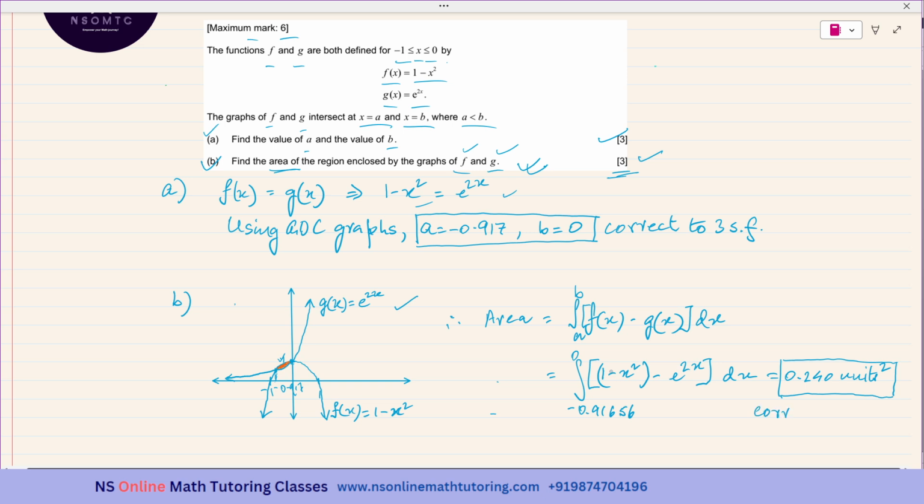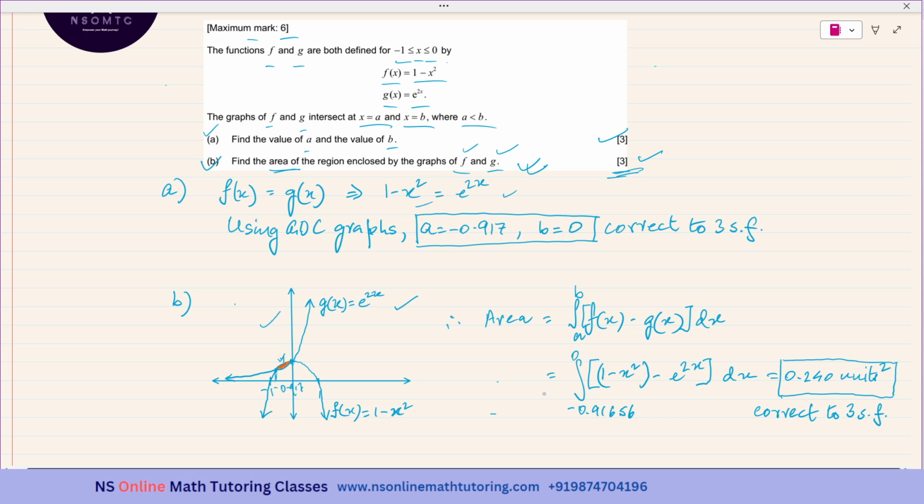Correct to 3 significant figures. Okay. So always remember, see how many marks a question carries, and give your answer according to that mark. Because this question is containing 3 marks, I prefer to give this graph.